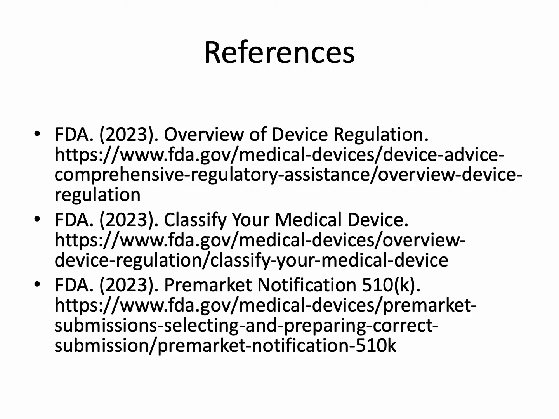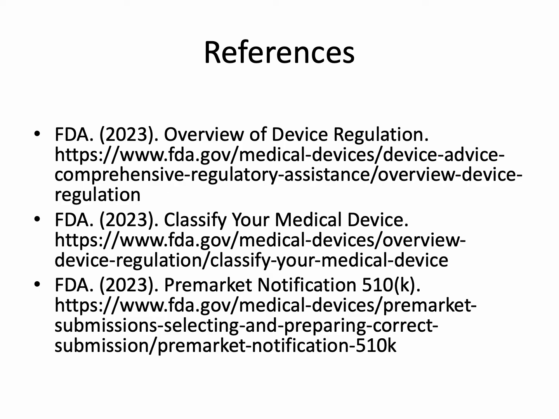Following our summary, this slide provides references for U.S. medical device regulation. Overview of device regulation. FDA 2023 offers insights into FDA processes, including registration and 510(k) requirements. Classify your medical device.